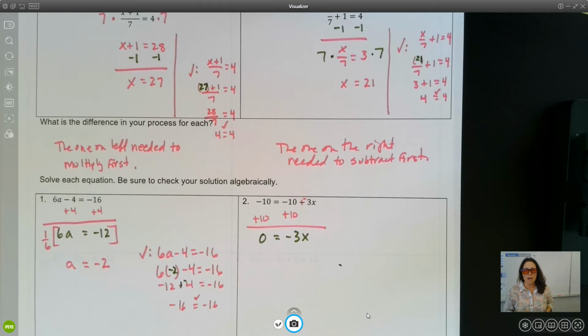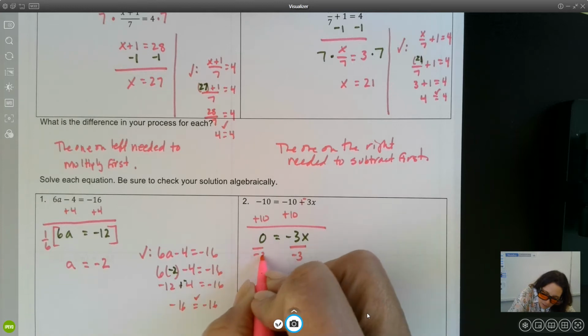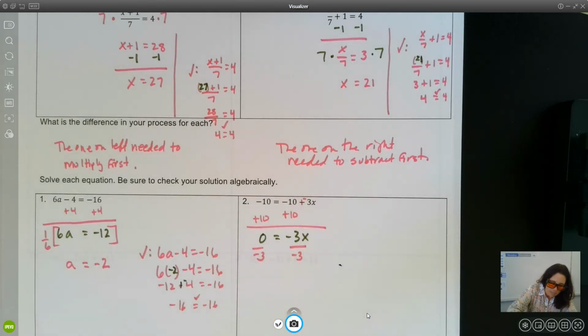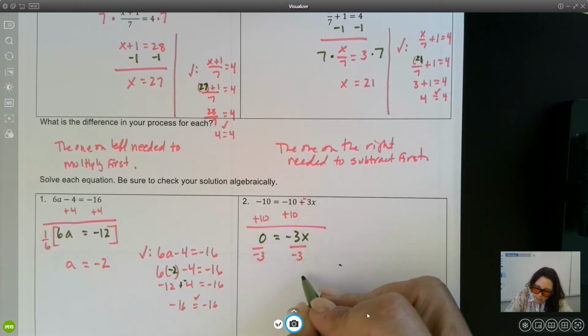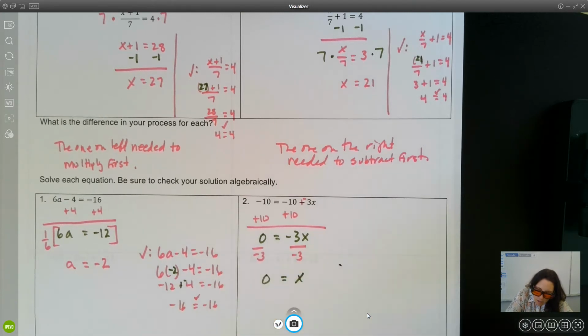Well, I want a 1x. So if I'm multiplying x by negative 3, wouldn't I be dividing that by negative 3? Or I could be multiplying by the reciprocal of negative 1/3. So x equals 0 divided by anything is 0.